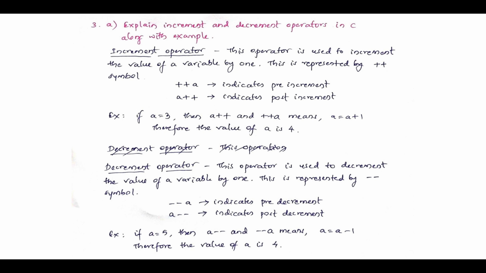If you are going to use the double plus symbol before the variable, it is called pre-increment. If you are using it after the variable, it is called post-increment, which means a++ means a is equal to a plus 1, and you can see the example also, which increases the value of the variable by 1. And the decrement operator is definitely the opposite of the increment operator.